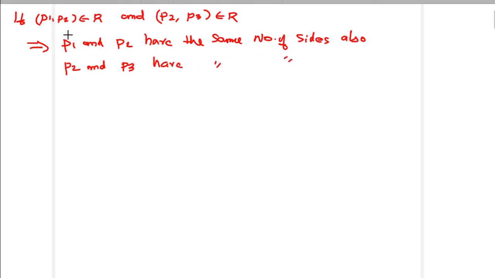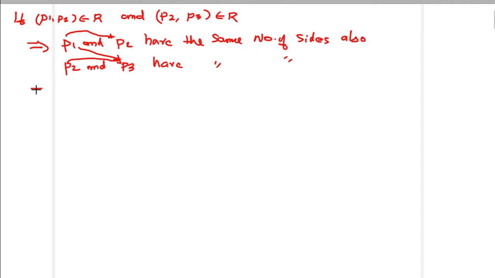So here, listen, P1 and P2 have the same number of sides, and P2 and P3 also have the same number of sides. Then the polygons P1 and P3 have the same number of sides.